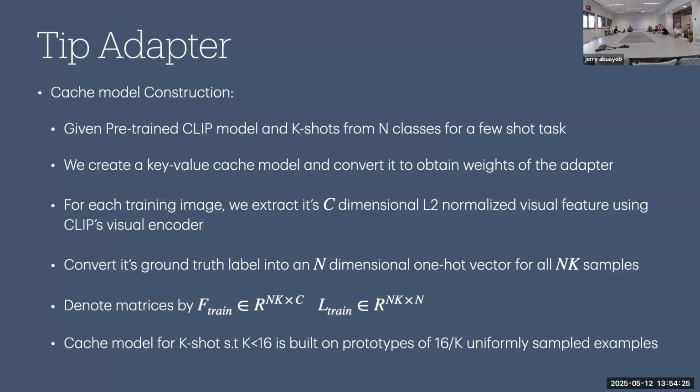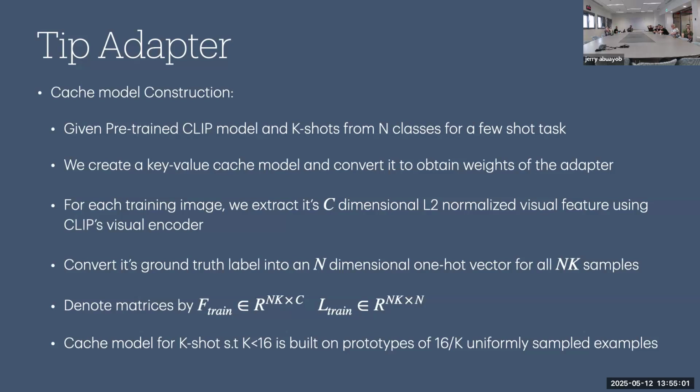Okay, so we construct the L-train, that is the labels, L is for the labels, by converting each label into a one-hot encoding vector for all of the n times k samples. And F-train is n times k by C, yes. L-train is n times k by n, because it's one-hot encoding. You need all the classes.